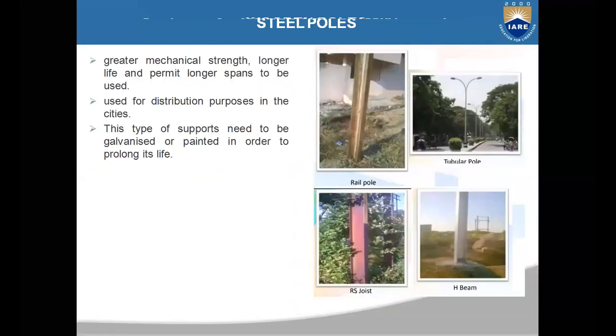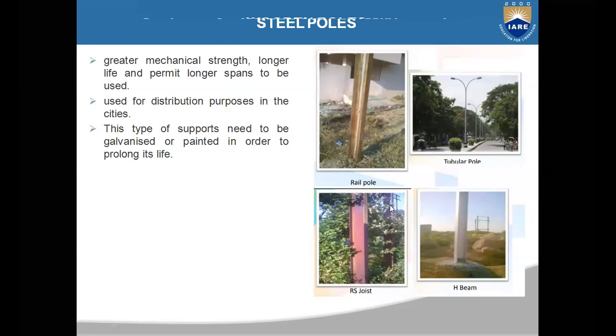So you may have observed these steel poles, right? See in the figures, the steel poles are there, right? You would have observed these types of poles in the field. Okay, depending upon the construction of the pole, they will be classified as tubular pole, rail pole, RS joint, H beam, like this. Okay, depending upon the type of construction, right?